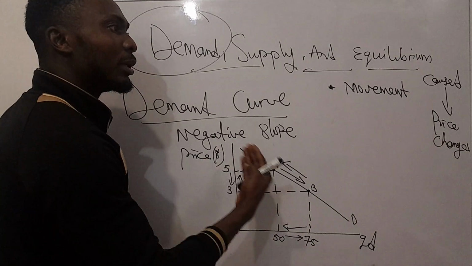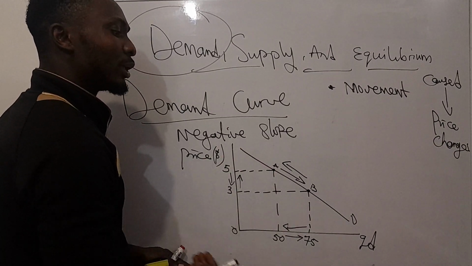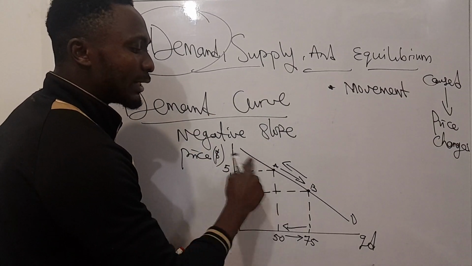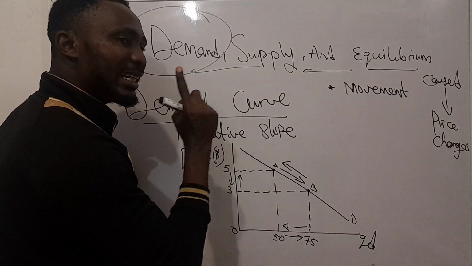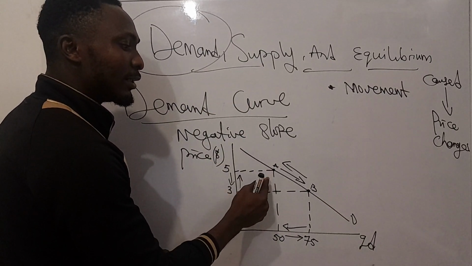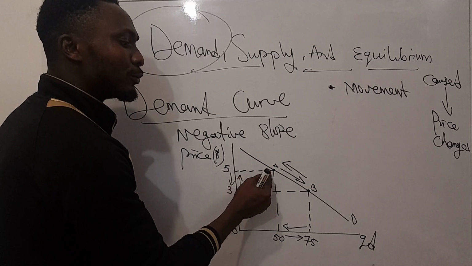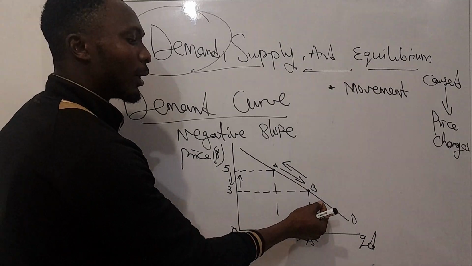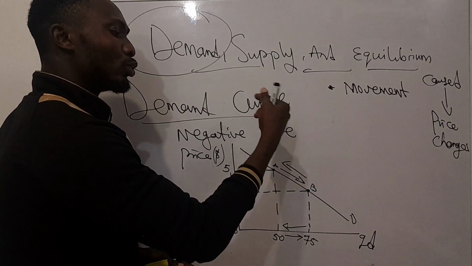This is what we mean by a movement along a demand curve. Take note, when it comes to a movement along a demand curve, we are going to have a single demand curve for a particular product, and there will be a movement in the points from one point on the demand curve to another.